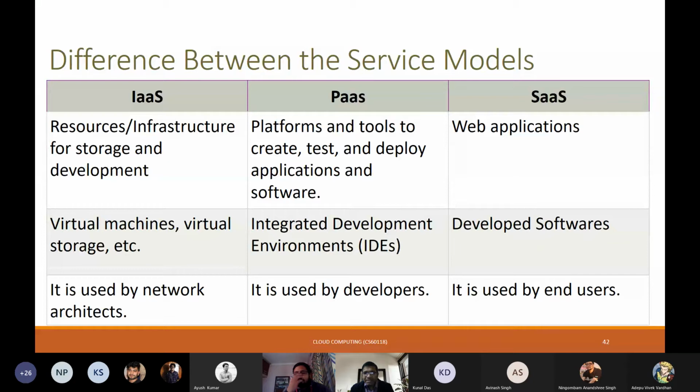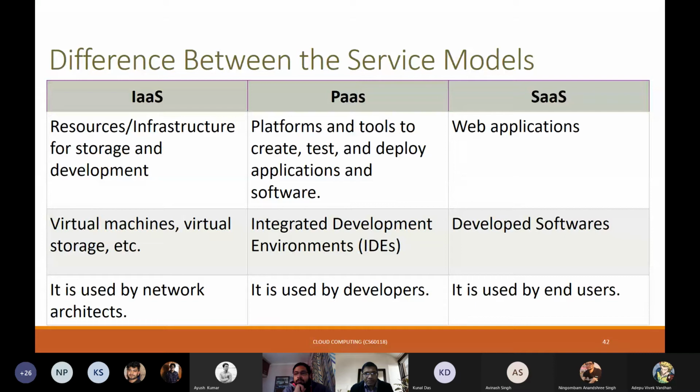And in SaaS, it is the developed software which is made available through the internet for shared usage. Infrastructure as a service is used by network architects and the developers of the cloud infrastructural platforms. PaaS is used by developers, and software as a service is used by end users.